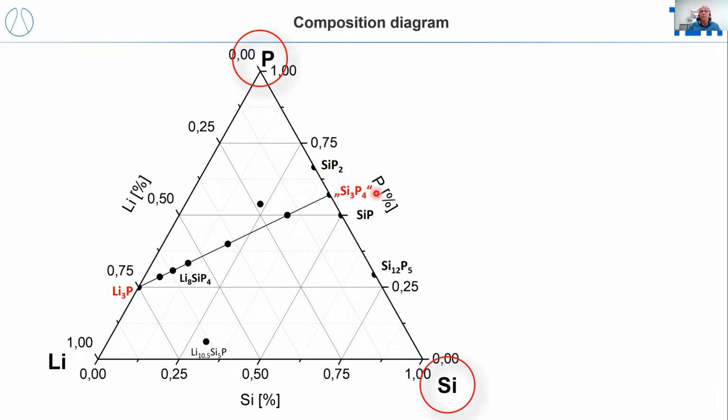This is a hypothetical Si3P4. And here we have 100% lithium. So for example, here's a binary Li3P. This is our compound we want to make. So we draw a line along this, and then we start to synthesize the compounds with the ratios of these boundary units Li3P and Si3P4.